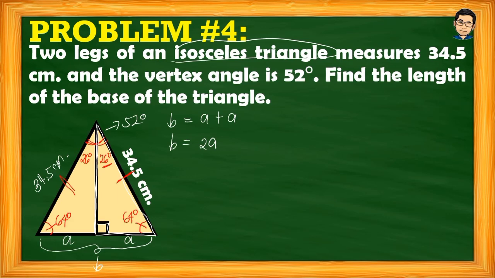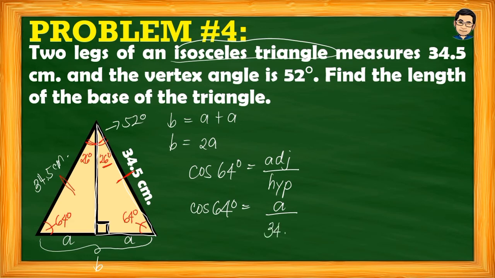So cosine 64 degrees, that is adjacent over hypotenuse. So yung adjacent side natin dito yung unknown. And then yung hypotenuse natin dito is 34.5 centimeters.